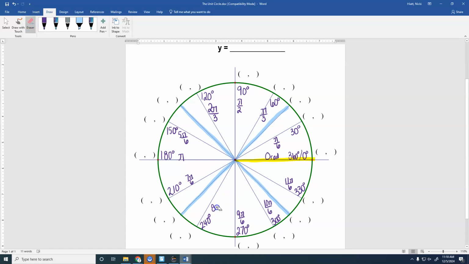That's going to be 4 pi over 3. 9 pi over 6 will reduce. That is going to be 3 pi over 2. And 10 pi over 6 will reduce. That is going to be 5 pi over 3.